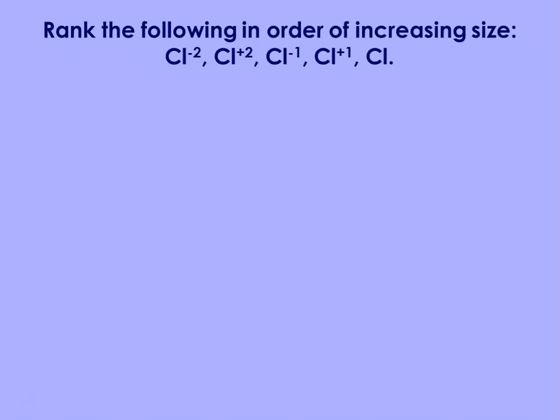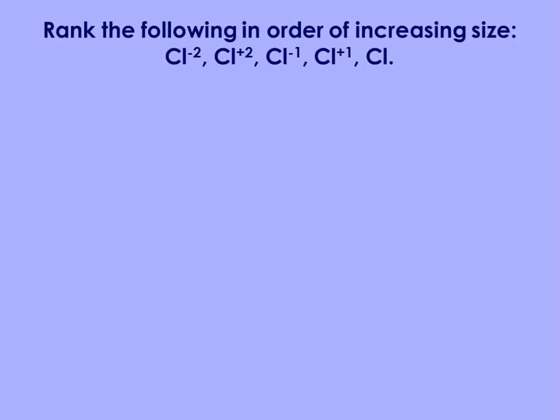Here we're looking at ions of chlorine, Cl minus 2, Cl plus 2, Cl minus 1, Cl plus 1, and then an atom of chlorine. They all have the same nuclear charge, the same number of protons, but different numbers of electrons. More electrons for the same number of protons is going to disperse that attraction and allow the valence electrons to have more separation from the nucleus.